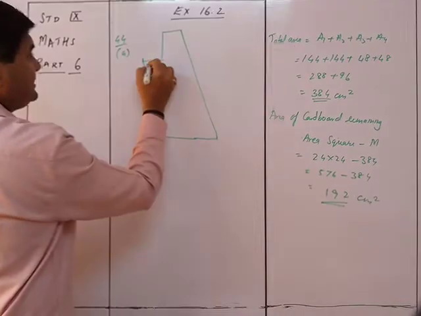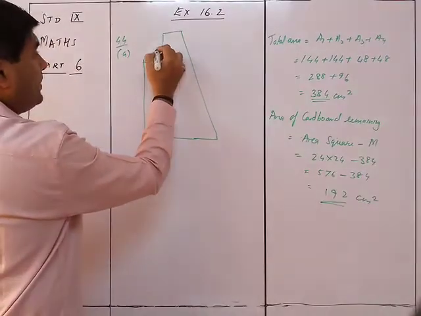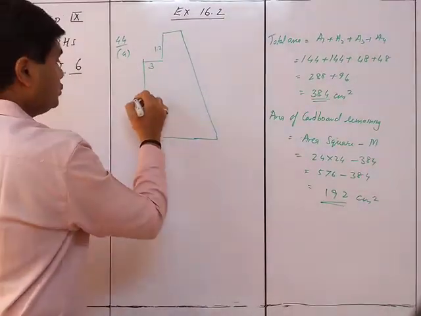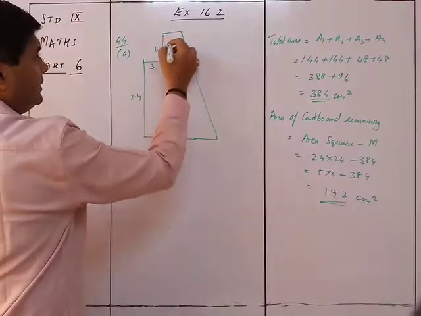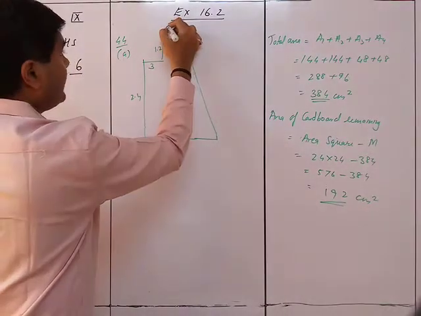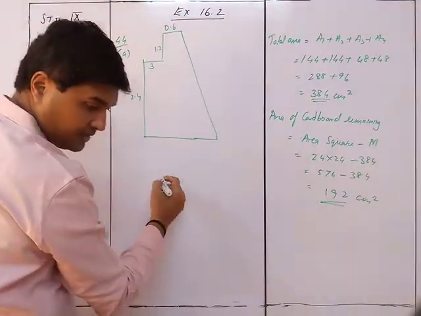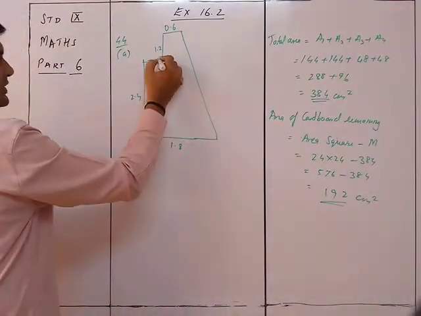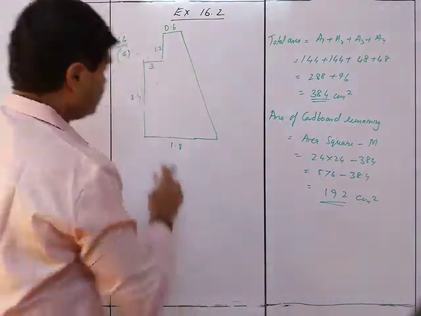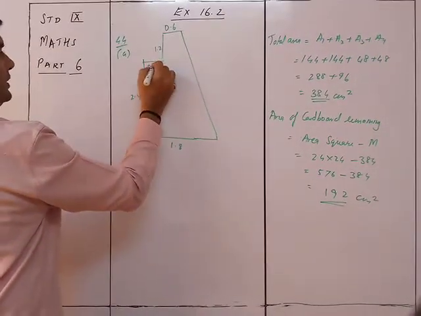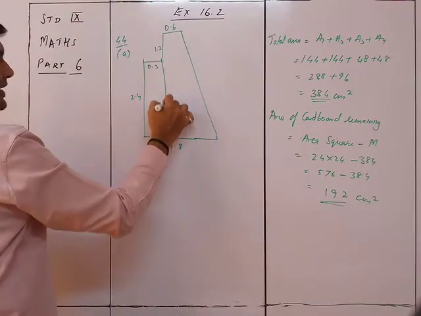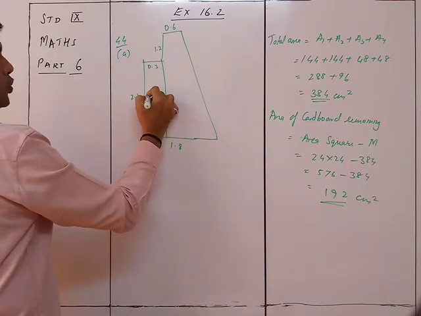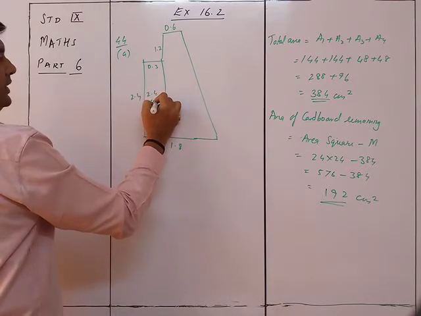You are given this as 3, this is 1.2, this is 2.4, and this is 0.6, and here it is 1.8. So what we do is that this is 0.3, of course. So we draw a line here. So this is nothing but 2.4 into 0.3.